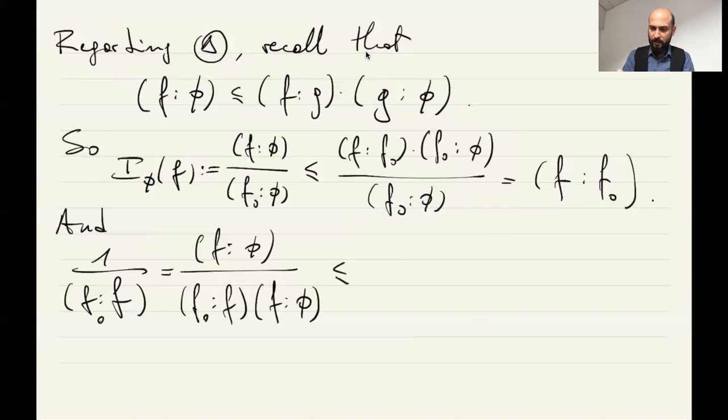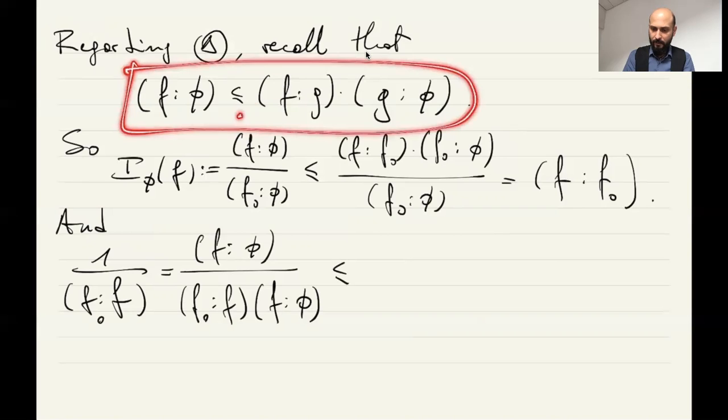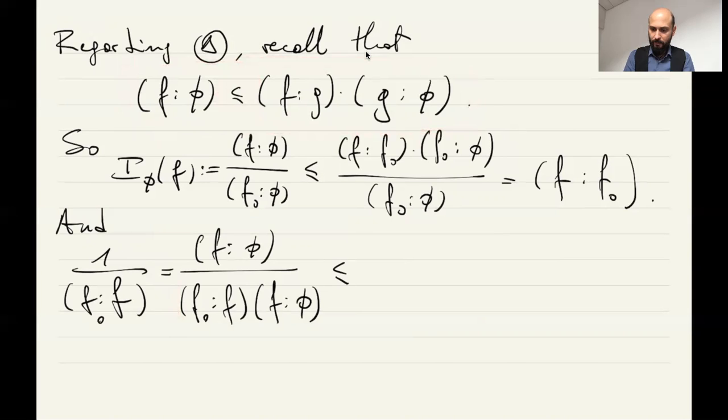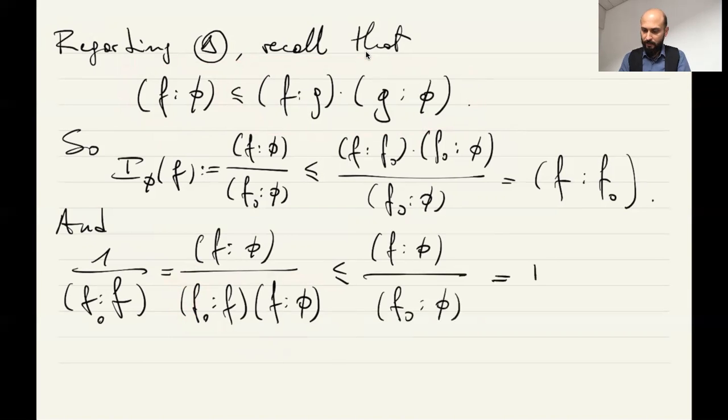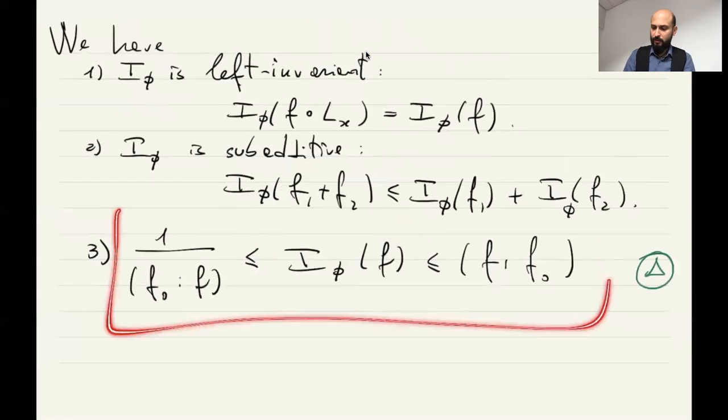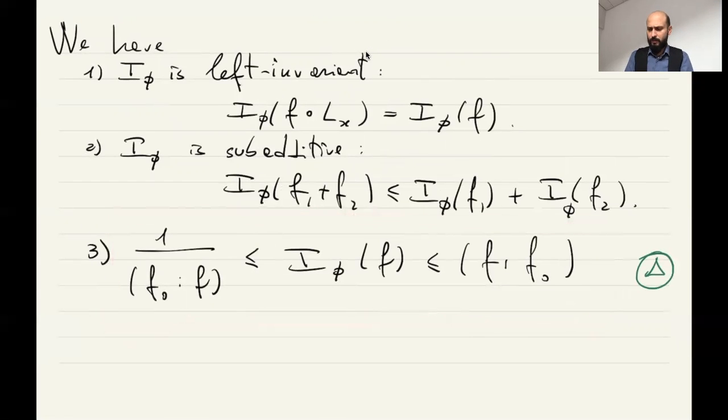Now let's use again this bound for the denominator, and what we get is (f : phi) divided by (f0 : phi), which is exactly I phi of f. Okay, and therefore we proved this equation here, which we are going to use, I think, twice.